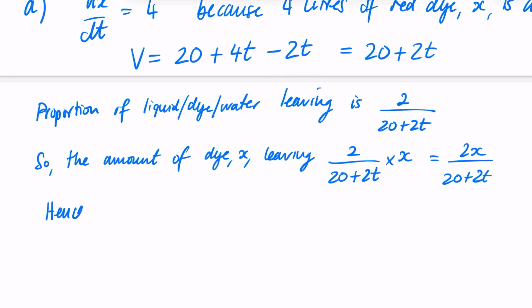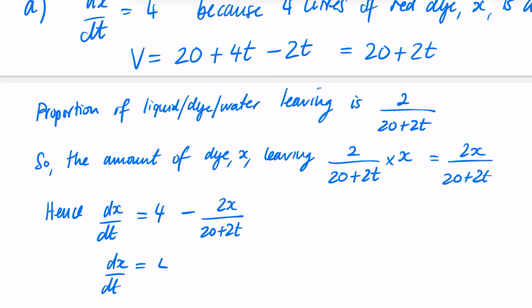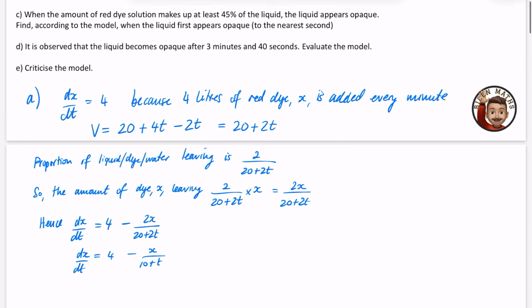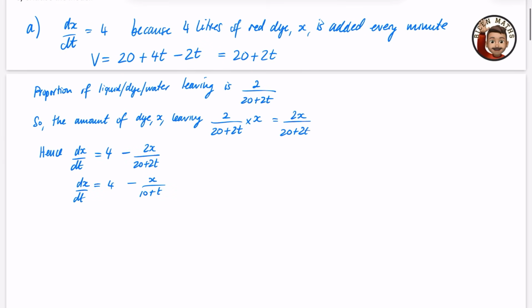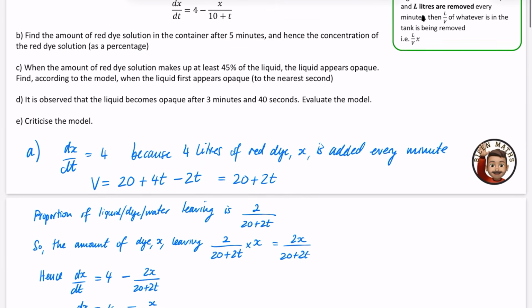Hence, we can now say that dx dt is equal to 4 that is arriving, and it's leaving, so it's going to be a negative, which is 2x over 20 plus 2t. So when I simplify this, I can divide the top and bottom of the fraction by 2, so that I get 4 minus x over 10 plus t. And this is definitely enough explanation to give us all those marks.